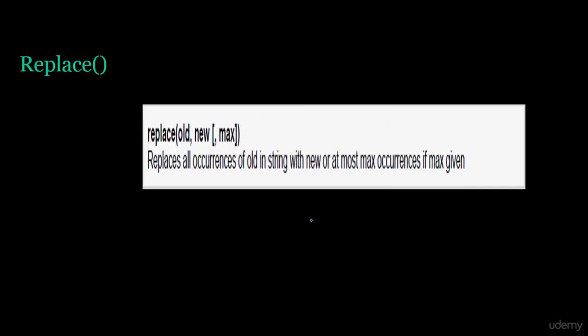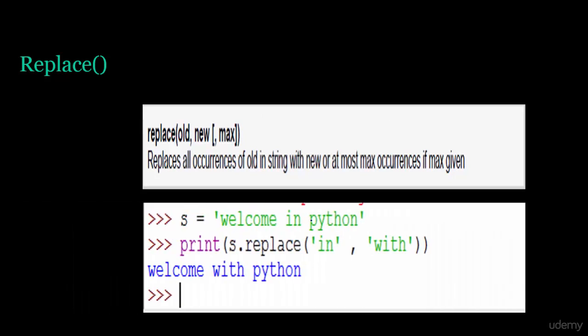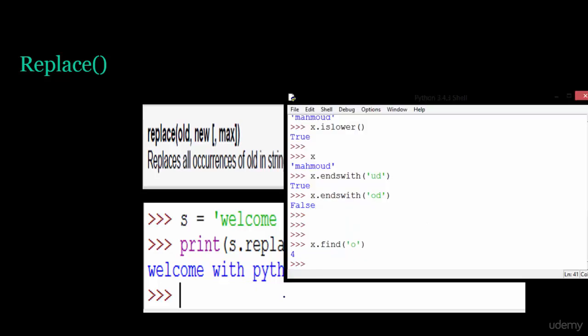Replace. This method replaces some string or substring with another substring. If we look at this example, "welcome in Python", if I type s.replace('in', 'with'), this will remove in and put with instead of it. Then we will see "welcome with Python". Let's try this.